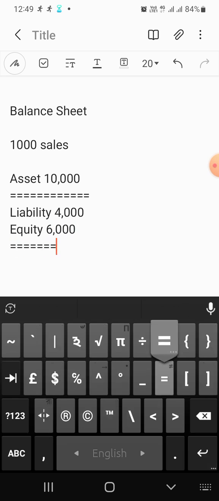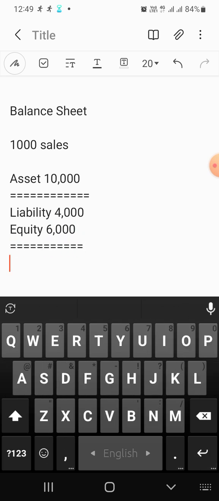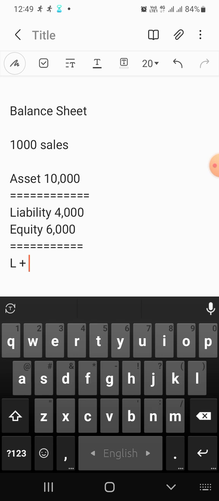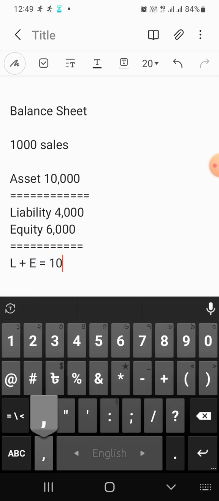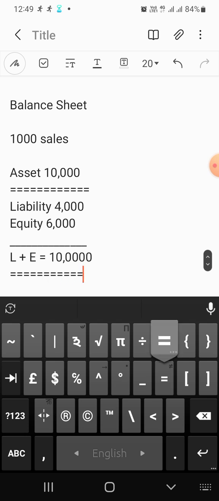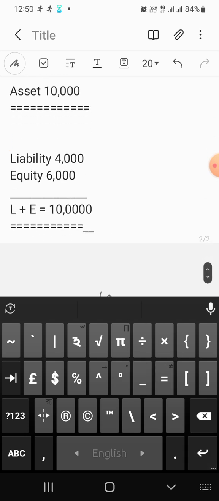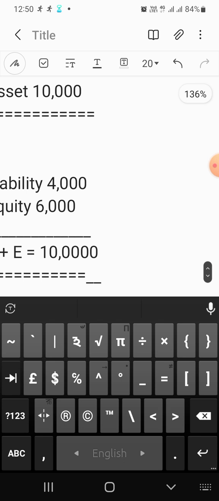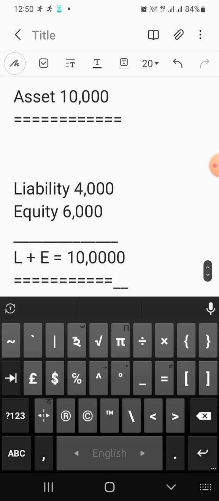So my liability and equity portion is also 10,000 taka. So this is actually a balance sheet. Balance sheet means asset is equal to liability plus equity. So asset is here 10,000 and liability plus equity is total 10,000.